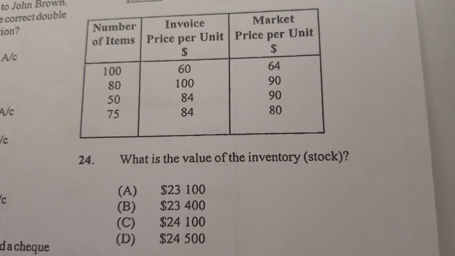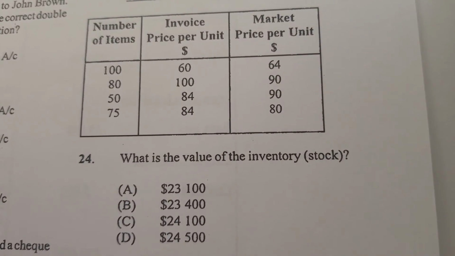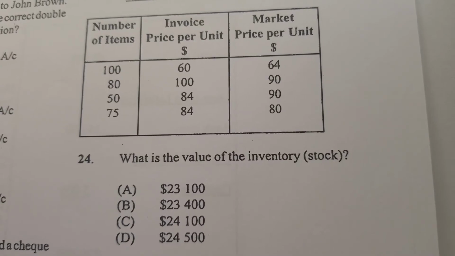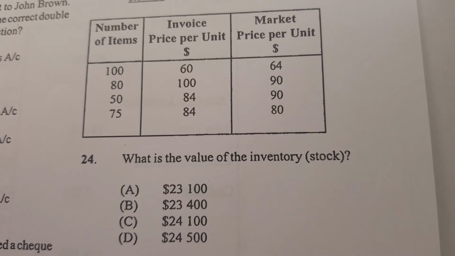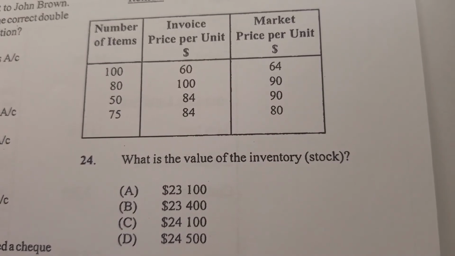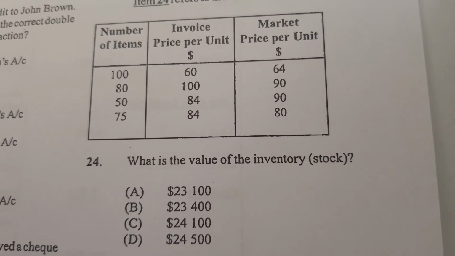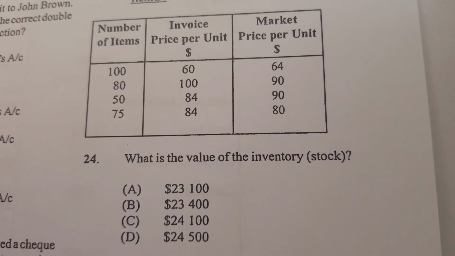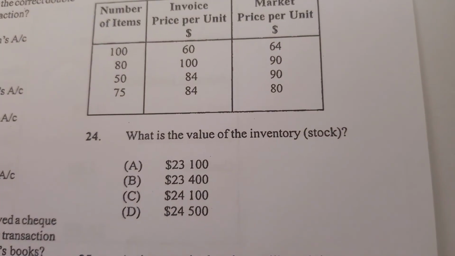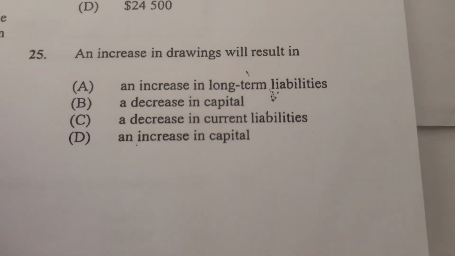So we would multiply 100 times 60, 80 times 100, 50 times 84, and 75 times 84, and the sum of that will be the correct response. From calculation, D would be the most appropriate answer, 24,500.